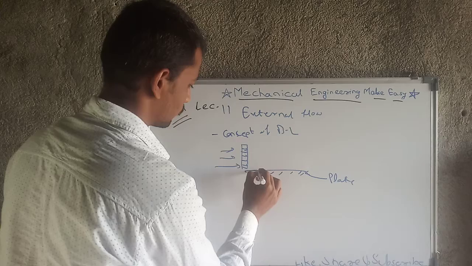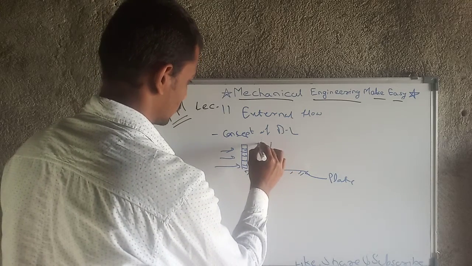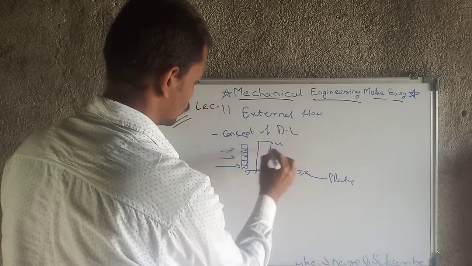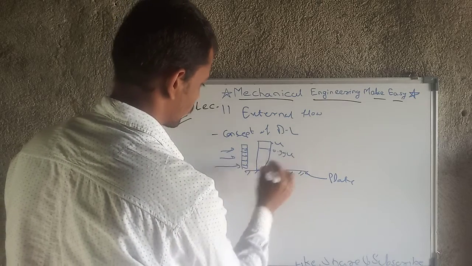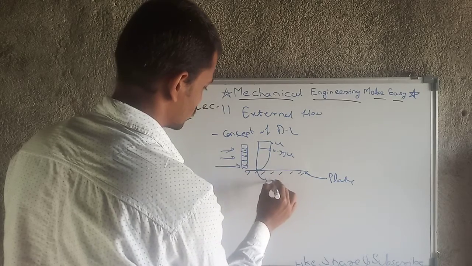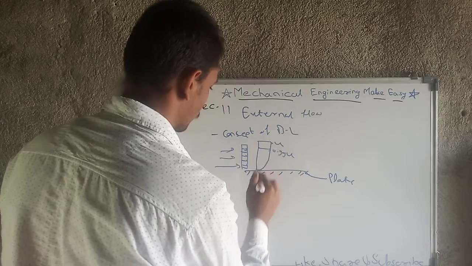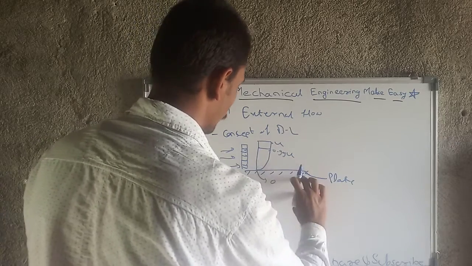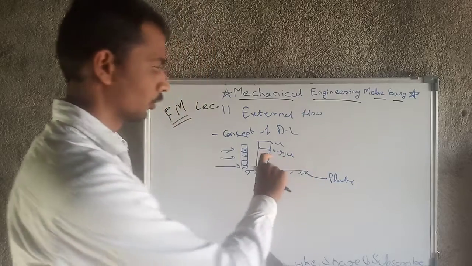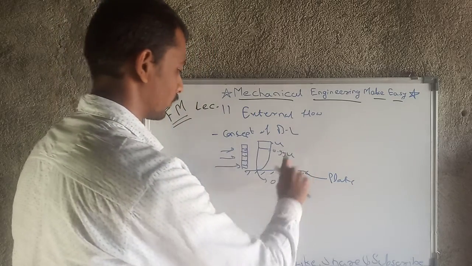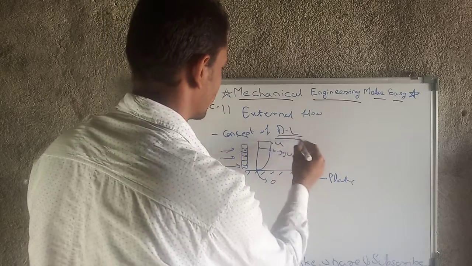But as the flow passes, the velocity profile will look like this: here u, here maybe 0.99 u, and here 0. So the velocity profile changes because of this boundary, and the layer which does not have constant velocity, where the velocity is increasing gradually, is called the boundary layer.